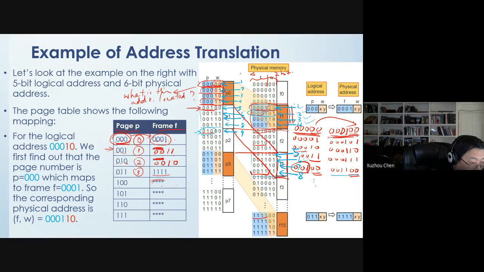Okay, so the offset is 0, 0 for the 9th. So it's 0010, offset 0, 0. So that's 9. Okay, so 1, 2, 3, 4, 5, 6, 7, 8, 9.